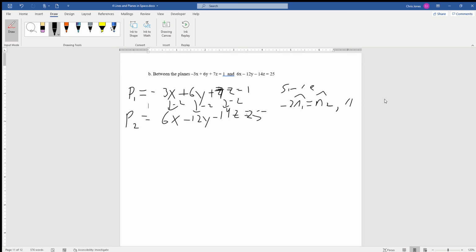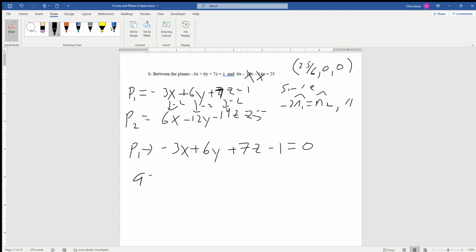We're going to use that trick again, where we just let y and z be 0. So if those two are 0, then 25/6 is going to be a point on the line. And so finally, we have that plane 1 can be represented by negative 3x plus 6y plus 7z minus 1 equals 0.